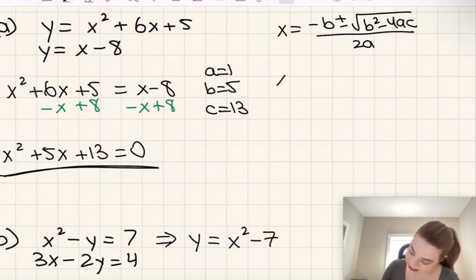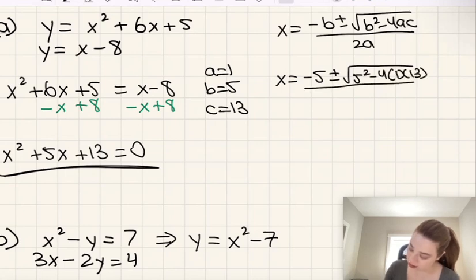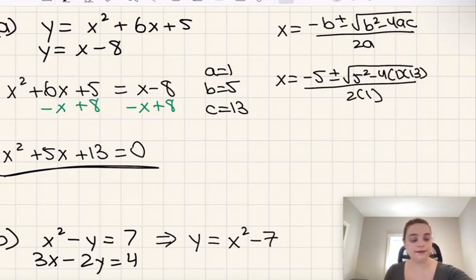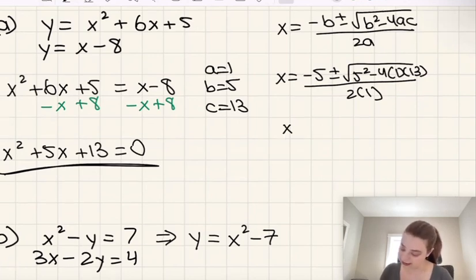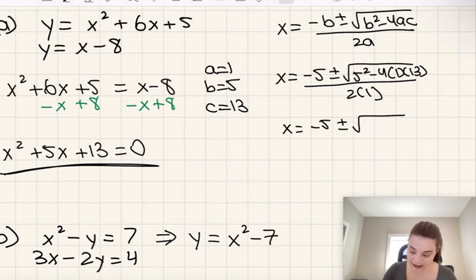So therefore, x is equal to negative 5 plus or minus the square root of 5 squared minus 4 times 1 times 13, all over 2 times 1. And so therefore, x is equal to negative 5 plus or minus the square root of, let's see, 25 minus 13 times 4, so 25 minus 52, so negative 27, over 2, like that.